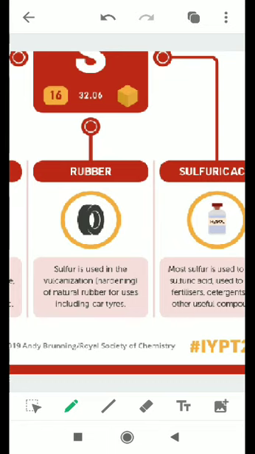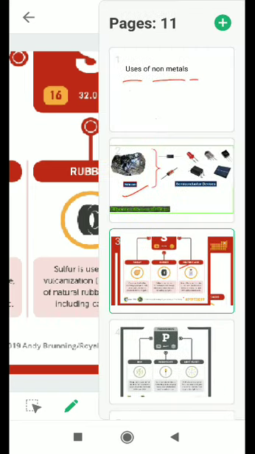It gives hardness to the tires. And it is also used in the manufacturing of sulfuric acid in the laboratory. As sulfuric acid is the king of acids, it is used in the manufacture of various things.